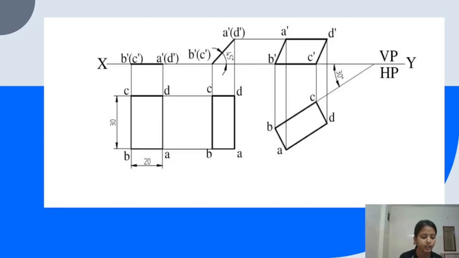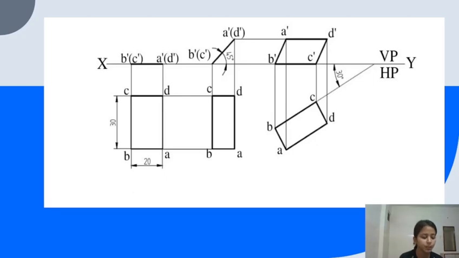Then, diagrams for rectangular lamina. For top view, draw a horizontal line for the reference. Then draw a rectangle of dimensions 20 mm into 30 mm. Position the rectangle such that its longer edge is inclined at 30 degrees to the horizontal line.